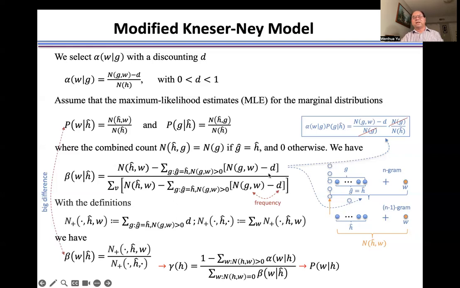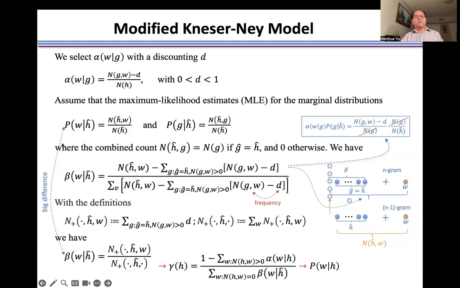We only leave this D. If we define this n minus as the margin of this D over this G, where this G is the first word, the unseen word here. And then we define the corresponding normalization factor, that is equal to the margin of this n plus over the current word W. We get this normalized beta formulation.